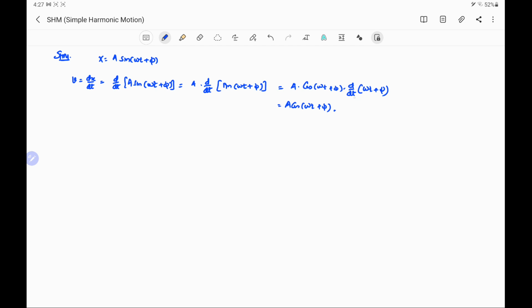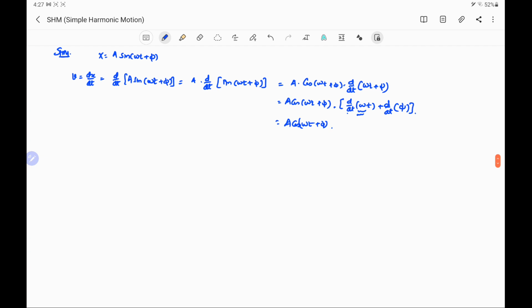Here differential of a sum is the sum of differentials, so we can write it as differential of omega t plus differential of phi, and it is equal to a cos omega t plus phi. Now for the differential of omega t, omega is constant, because uniform circular motion is also an example in which the speed remains constant, so this omega is fixed and can be taken out of the differential.